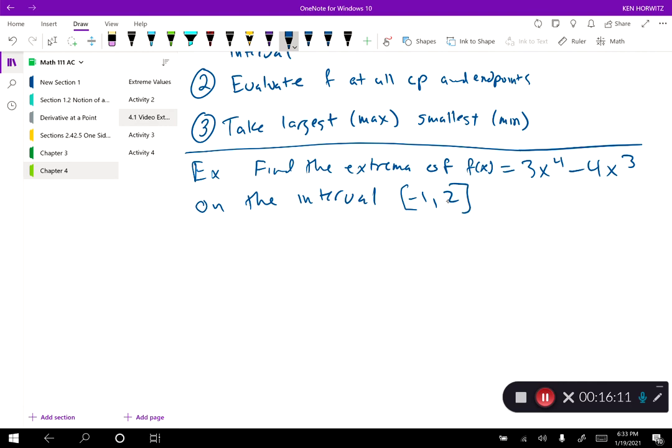All right, so first, the first thing is find the critical points.